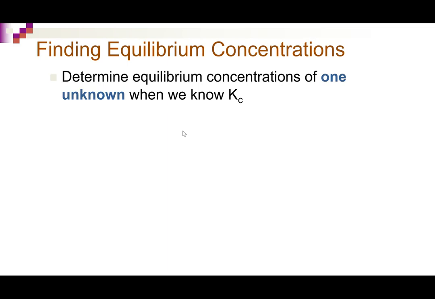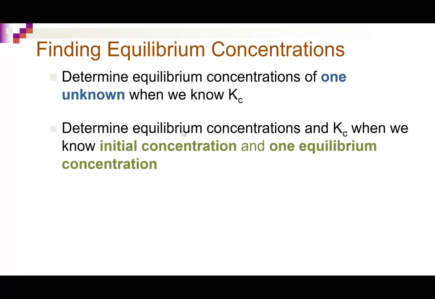It's determining equilibrium concentrations of one unknown when we know Kc. So really the key here is one unknown. Either we're given all the equilibrium concentrations and we solve for Kc, or we're given Kc and most of the equilibrium concentrations and we have to solve for one equilibrium concentration. The key for these is just solving for one unknown piece.